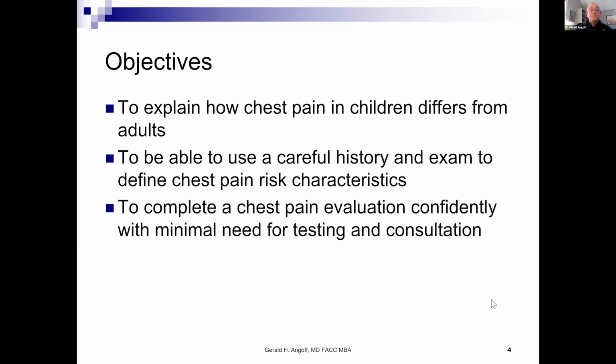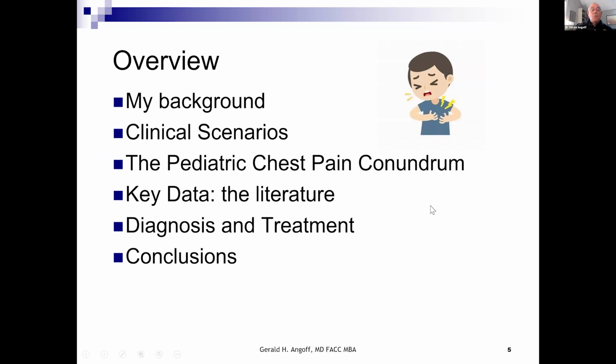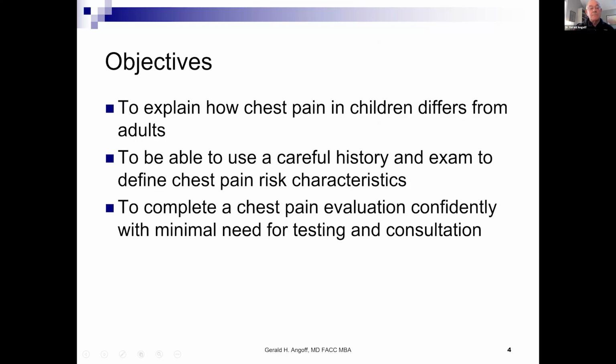As for objectives of the talk: to explain how chest pain in children differs from adults, to be able to use a careful history and examination to define chest pain risk characteristics, and to complete a chest pain evaluation confidently with minimal need for testing and evaluation.